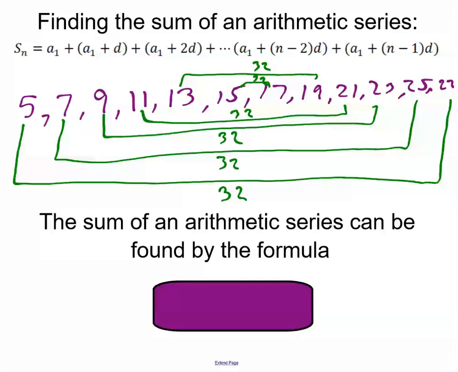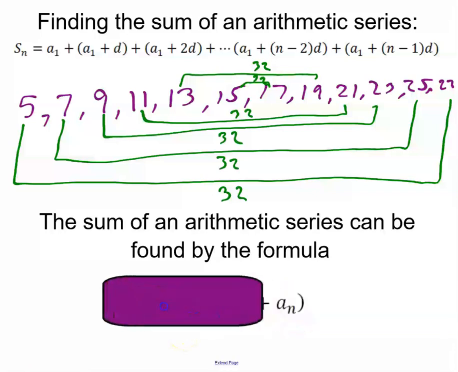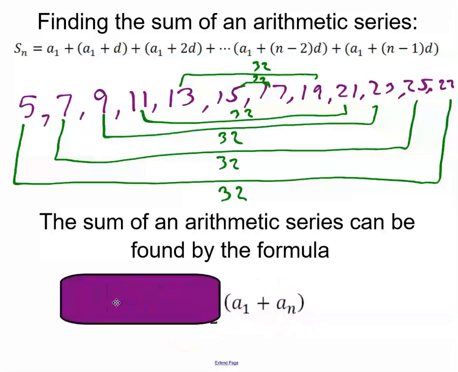So then what that means is we could do this. I could add up all these numbers, or what I could do is I could add up the first and the last number, because I could just pair these up and every pair would add up to that same number.